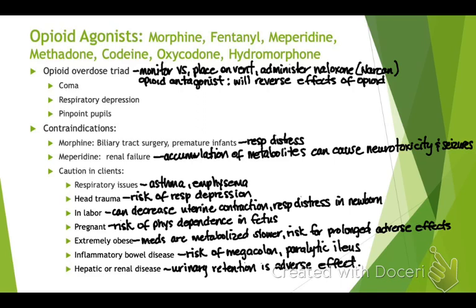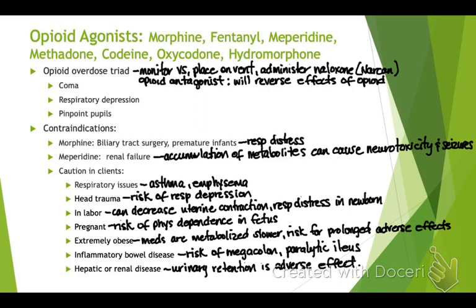Caution that you want to take with certain clients. Respiratory issues, so patients with asthma and emphysema, you need to give opioids with caution. Patients with head trauma, due to the risk of respiratory depression.